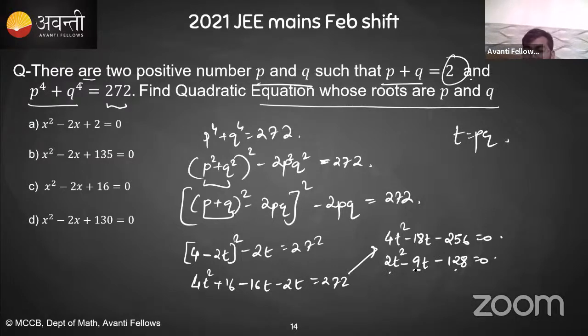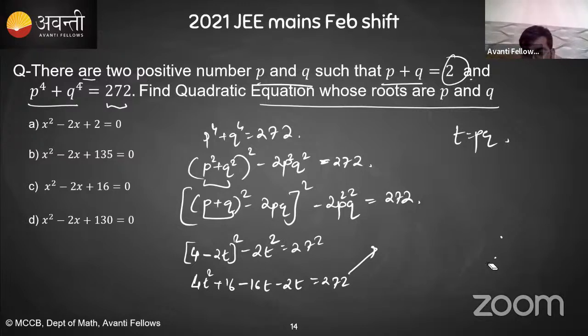So can we get 256 as the product and 9 as the sum? Here it is 2p square, here it will be 2t square. So just wait, there has been a calculation mistake here.